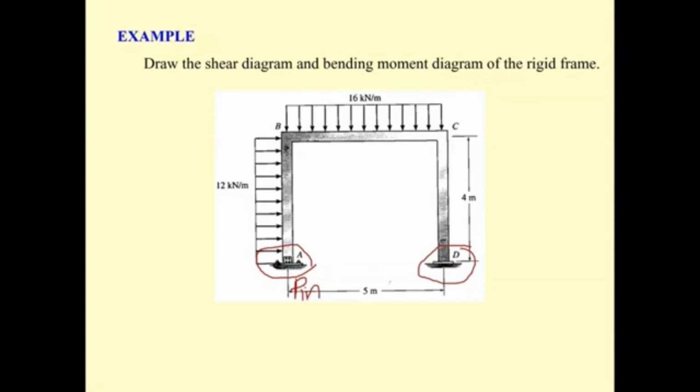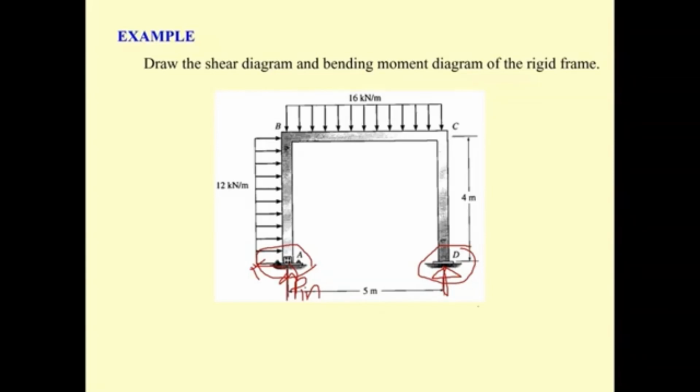So if that happens, we will have the force A sub x and force A sub y at A, and has a reaction force only in the vertical direction at D. So we will have three unknown forces, which equals the three equations of equilibrium. So we can solve it.